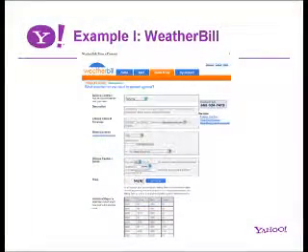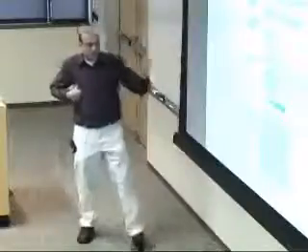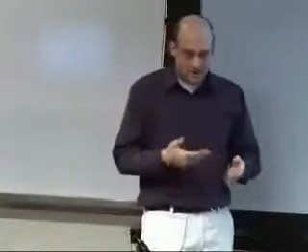Okay, but here's a real example. This is a real site called Weatherbill, and it really does implement this. It's an example of a company that's going in the right direction, I believe, and it's making the system much more efficient. On Weatherbill you can buy insurance against weather.